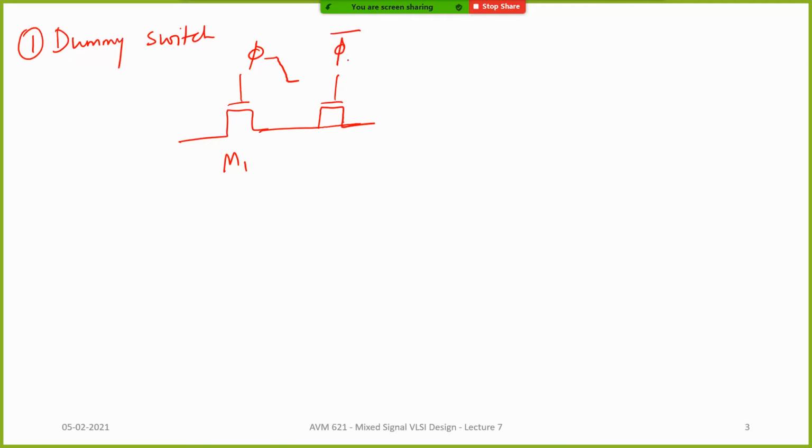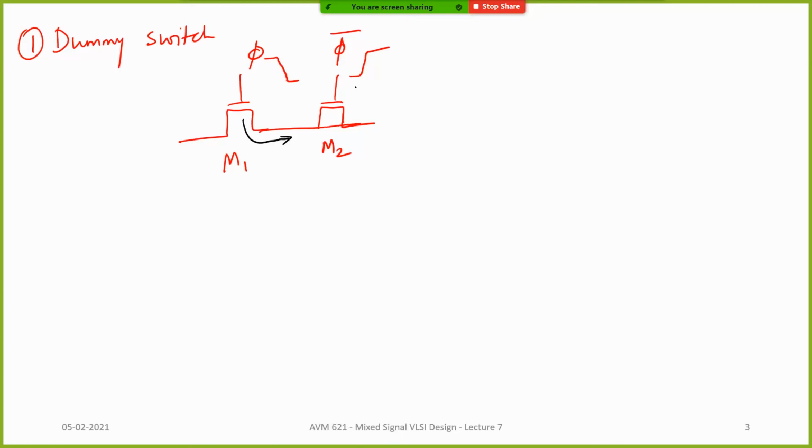So when phi is going down, phi bar will basically go up. All right. So the concept is that as this switch, that is switch M1, is turning off, the charge injection which is happening from this is going to go here. At the same time, this phi bar is turning, I mean this switch M2 is turning on, which means it needs charge to start flowing into the channel that gets created, right?